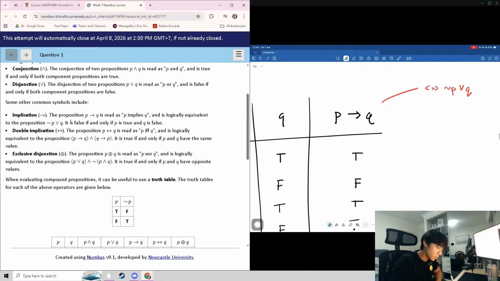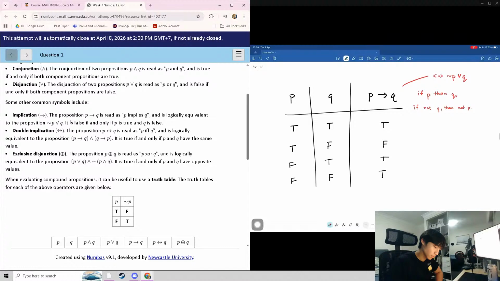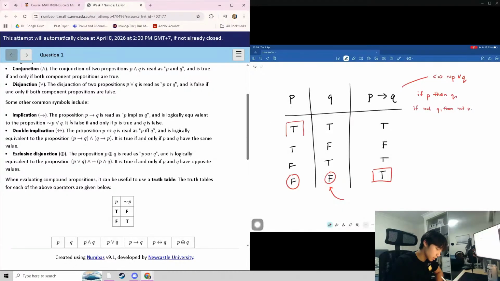Let's do it this way. If P, then Q. If not Q, then not P. Is that right? If not Q, then not P. Yeah. So if Q is false here, then P is also false. And so the statement is true. If P, then Q is okay.